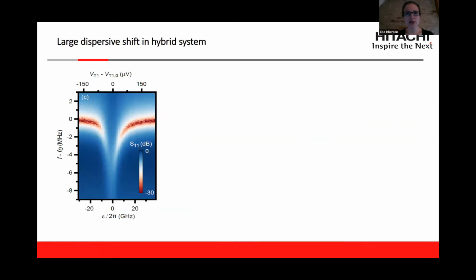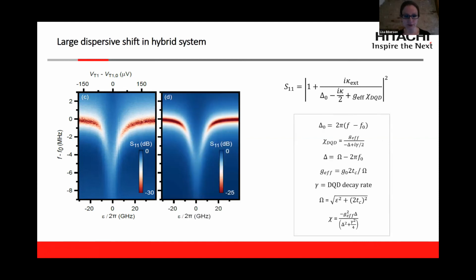We can simulate our experimental results by using the equation for the reflection coefficient. And we find that our simulated data reproduces the resonant frequency shift that we saw in our experimental results. So the plot on the right shows the theoretical resonant frequency shift.